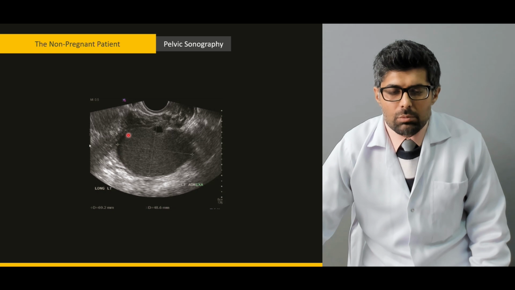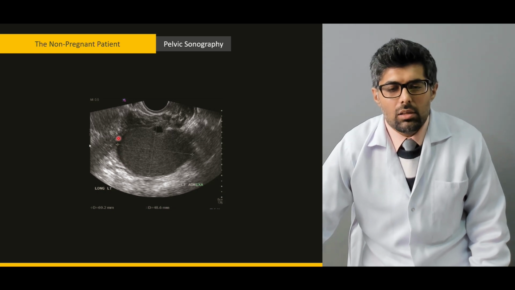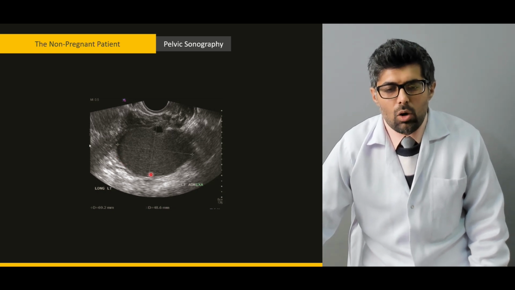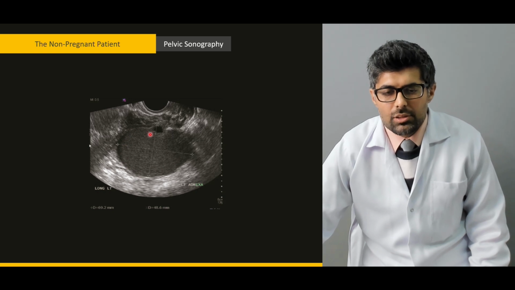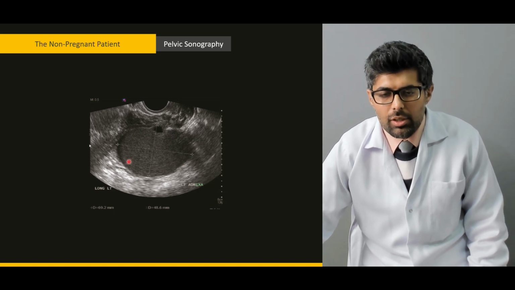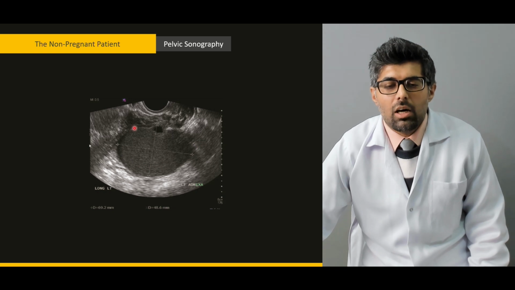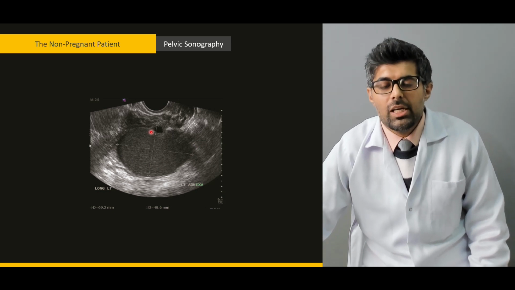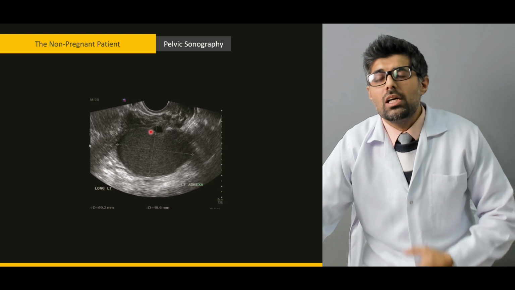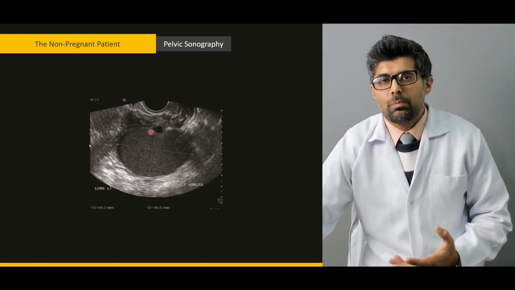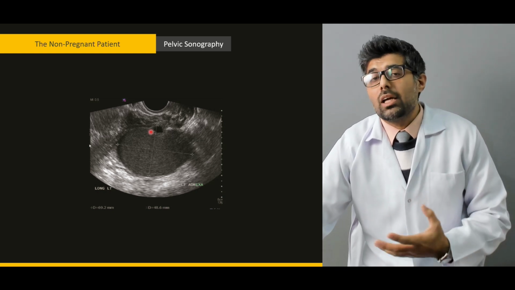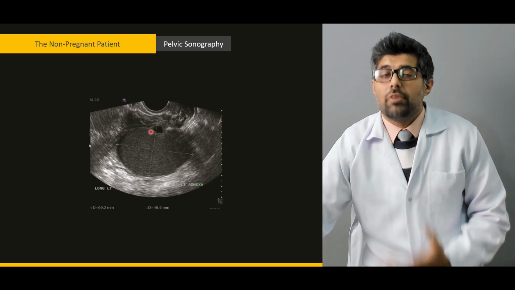You can see some of the cyst is still intact, but all of this hypoechoic area that you can see around the uterus is the hematoma because of the hemorrhagic cyst. Again, like I said, hemorrhagic cysts are very dangerous.